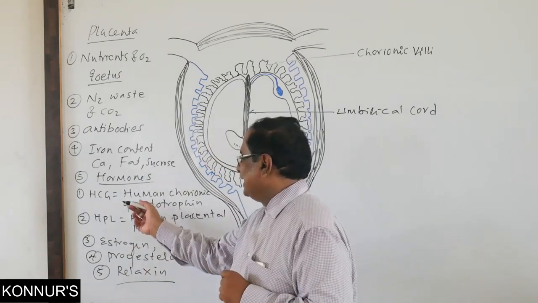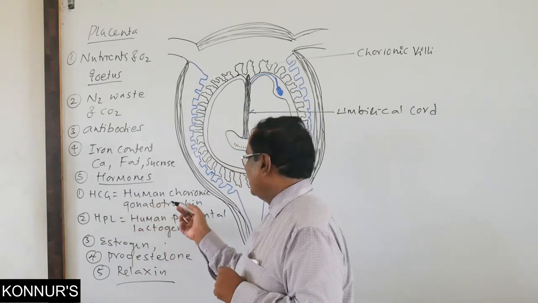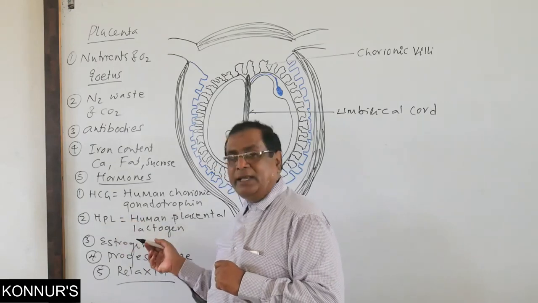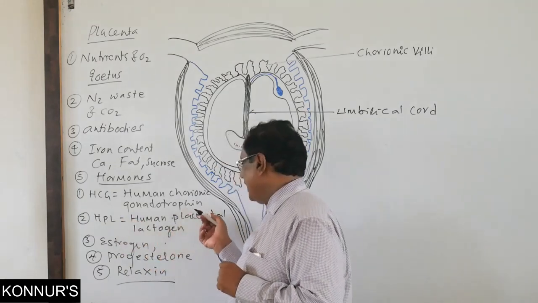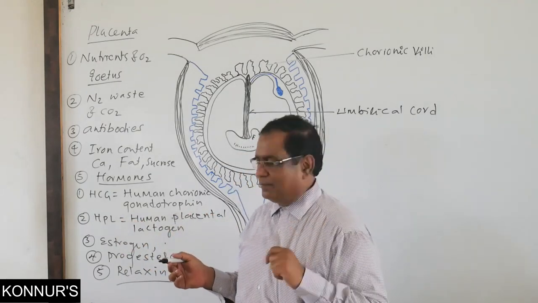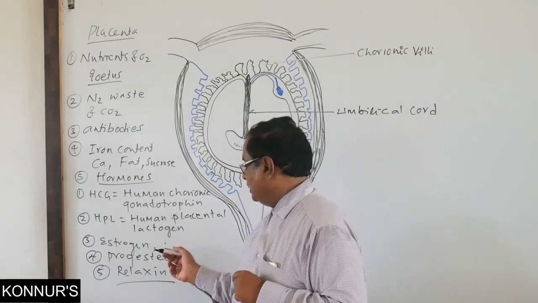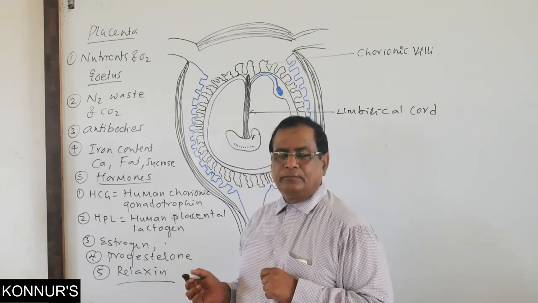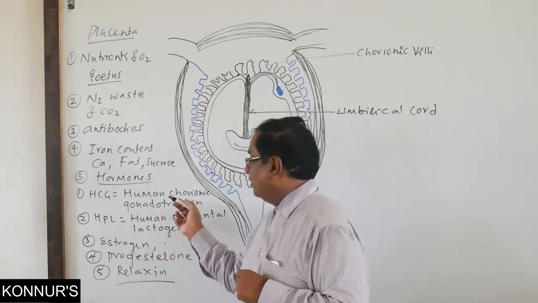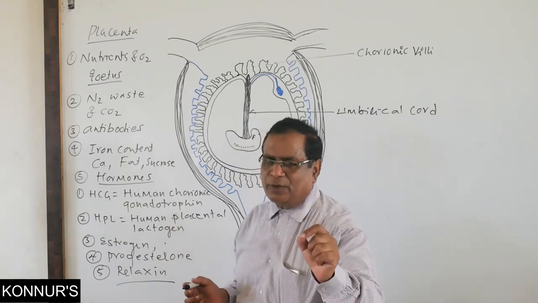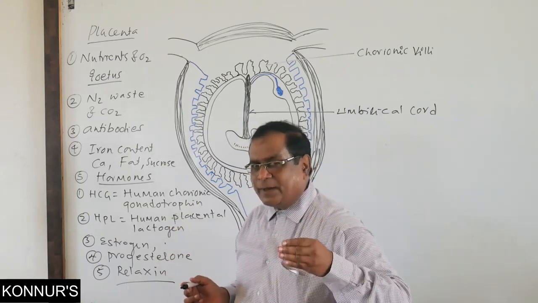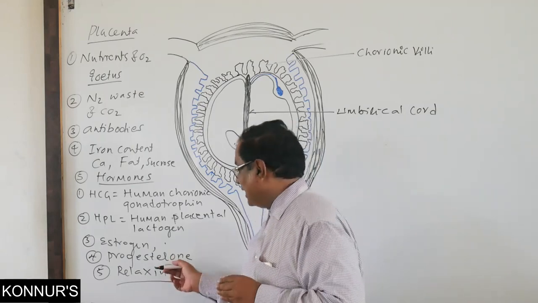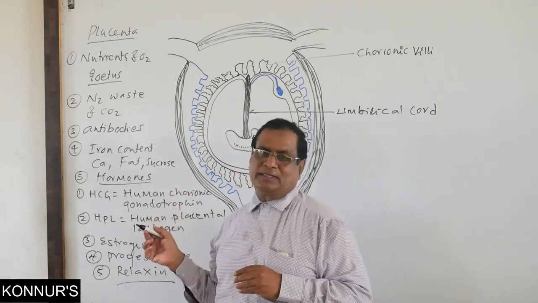One is HCG, human chorionic gonadotropin. HPL, human placental lactation, estrogen, progesterone, and relaxin. These are the 5 hormones. Among them, relaxin is produced at the end phase of pregnancy. That too, at the time of delivery, relaxin is produced by placenta.